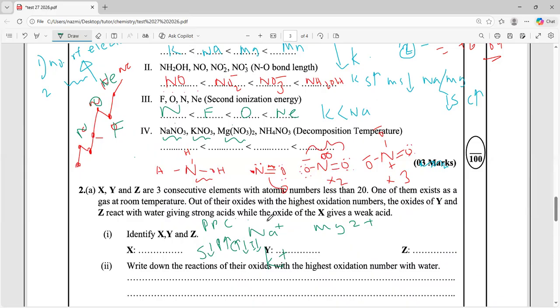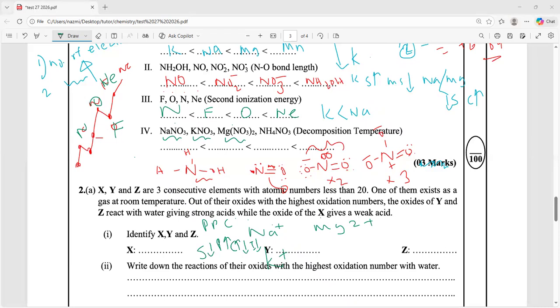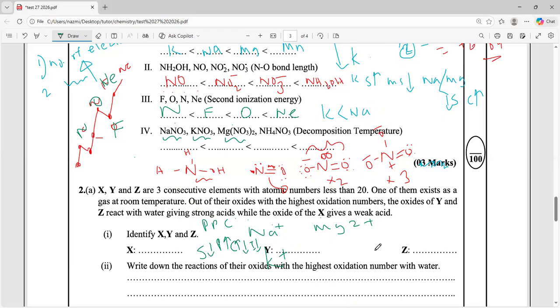Then if you take sodium plus and magnesium 2 plus, their charges are different. Magnesium 2 plus has a greater charge, so it has greater polarizing power. Then greater covalent nature, lower ionic nature, and the decomposition temperature is less.